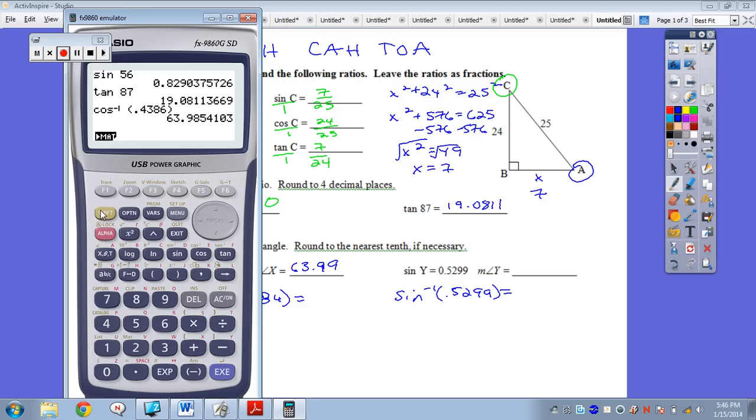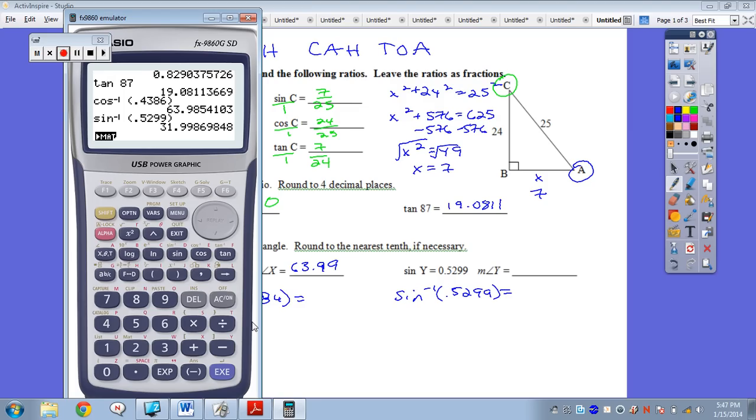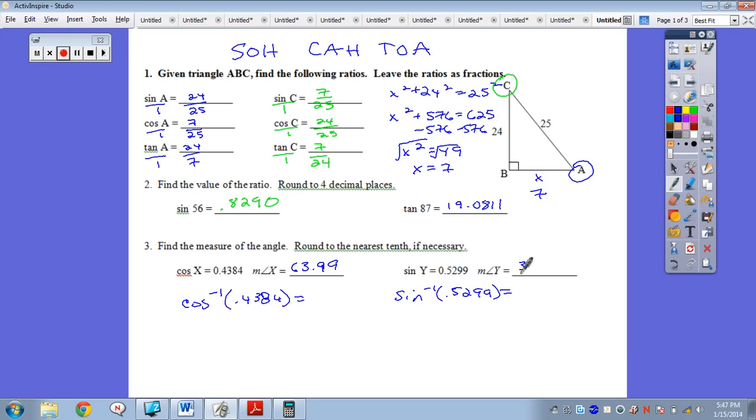Alright, so you've got shift sine, parenthesis, 0.5299, hit enter, and you get 31.999. Okay, and that's degrees, so the measure of angle y is 31.999 degrees.